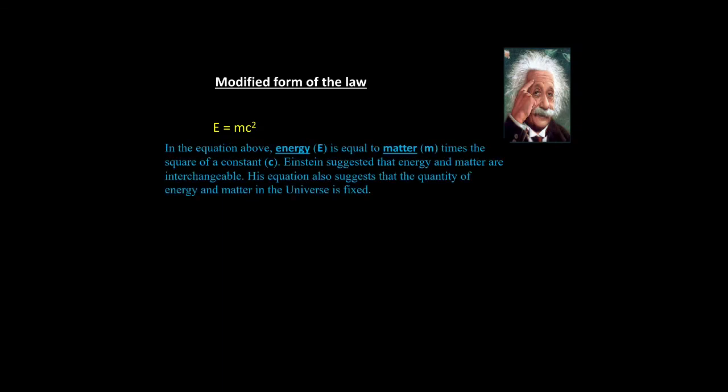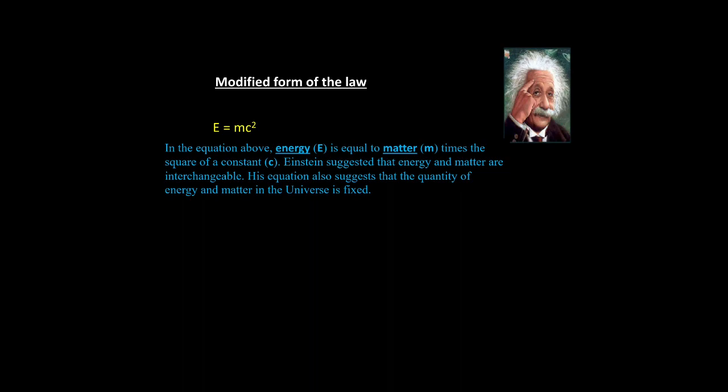We have seen the expression for work done in isothermal irreversible process and isothermal reversible process. Now, let us see the first law of thermodynamics, which can be said to be a modified form of a thermodynamics law. Now, we know according to the Einstein equation, E is equal to mc square.